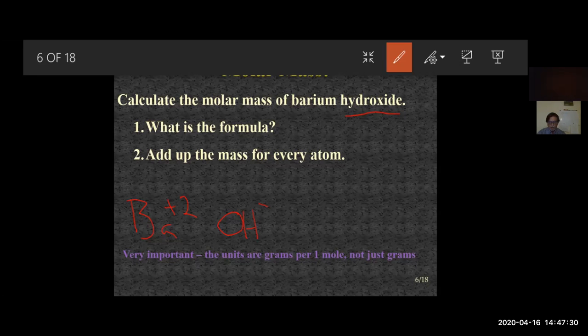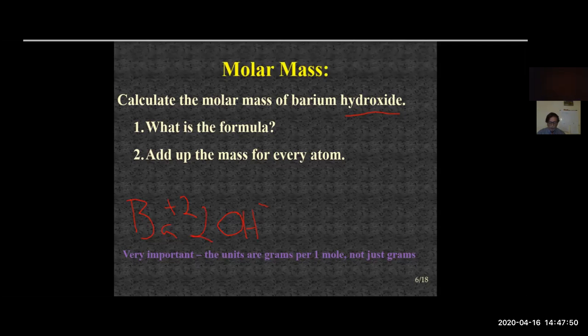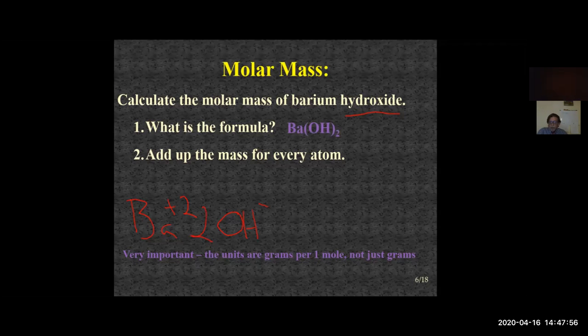So you can see that I need 2 hydroxides for every barium ion. That 2 becomes a subscript, and I put parentheses around the hydroxide, because it's a polyatomic ion. If I need more than 1, I need to write it with parentheses. So it's Ba(OH) subscript 2.